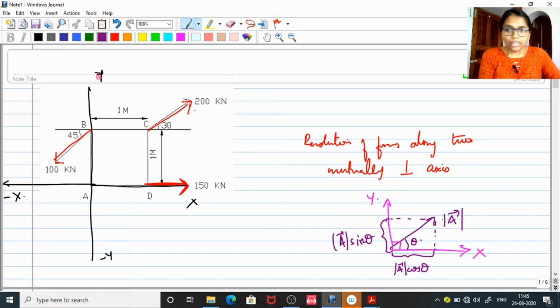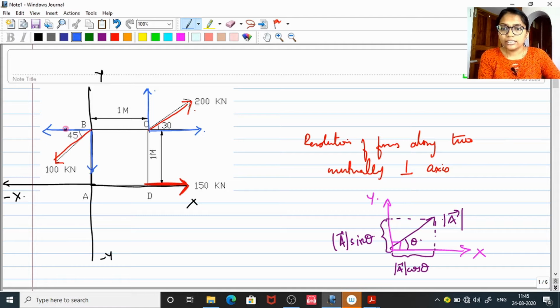So here in this case, you can resolve this 100 kilonewton along the negative x-axis and negative y-axis. Also 200 is resolved along the positive y-axis and positive x-axis. Let us have the component of 100 kilonewton along the negative x-axis.